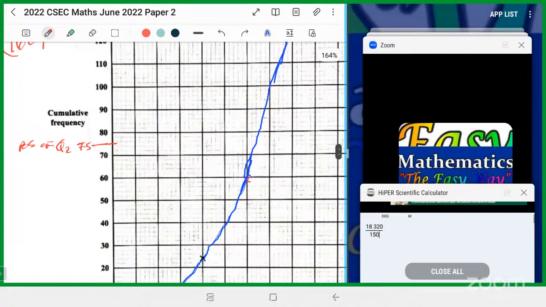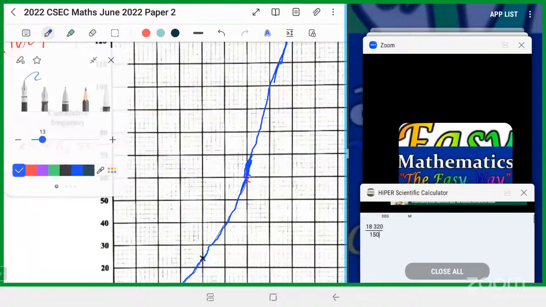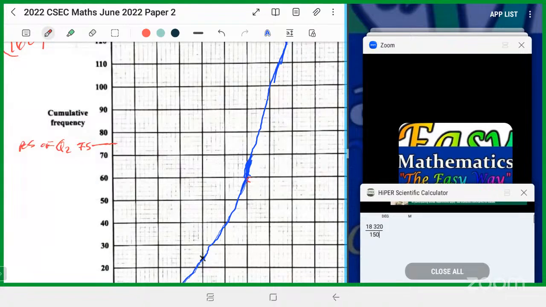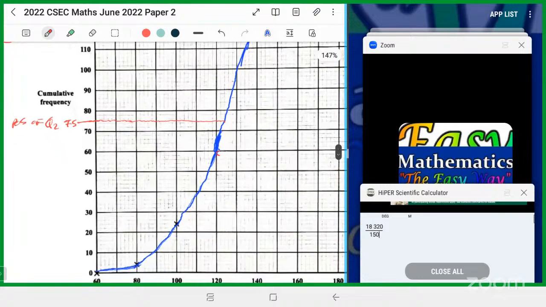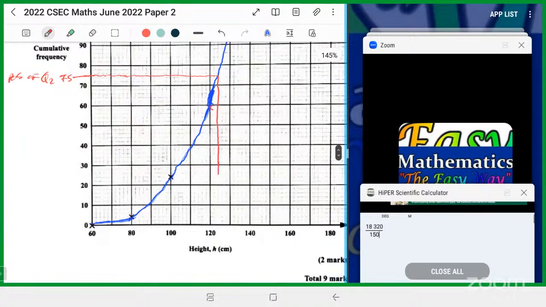So to find the height, find the height that 75 students measure less than or equal to. They will come across on the graph like this, an approximation. Say about there. And then read it down onto the x-axis and see what that height is, that half of the students measure less than.